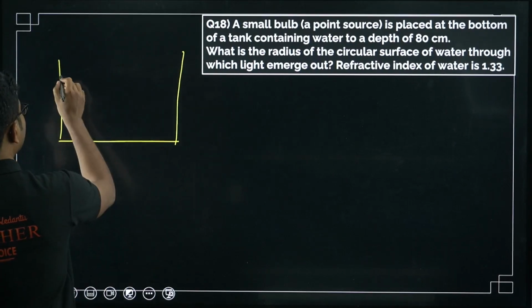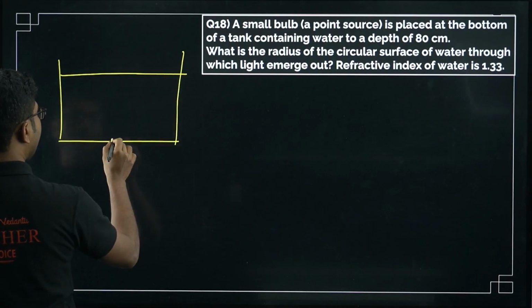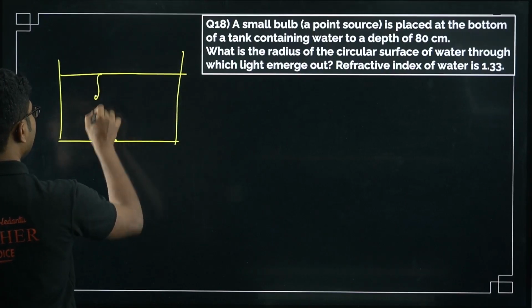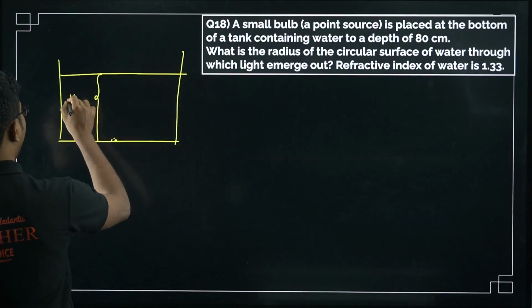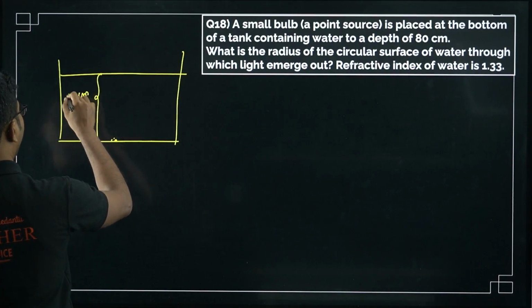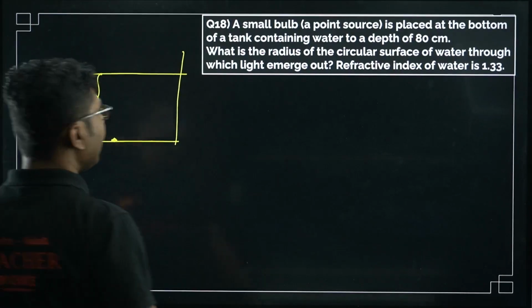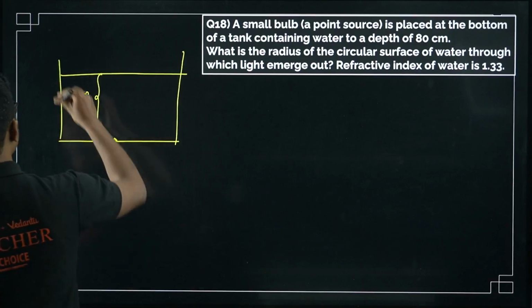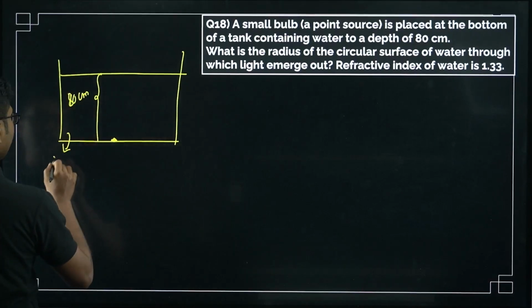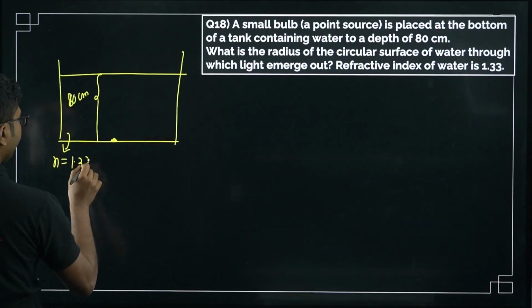Some water is there and we have a light source here at the depth of 80 centimeter. Okay, so light is here and they told you that the refractive index of water is 1.33.